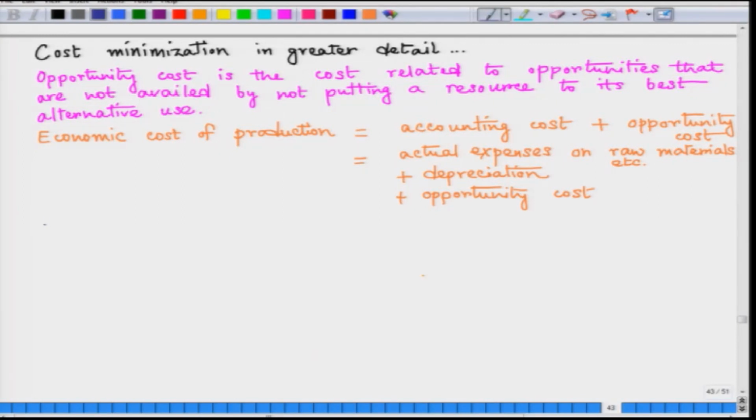So, we assume a 2 input production function given by q equal to function of x1 and x2 as we have assumed previously. Now, we are going to study case 1, which is the case of Shortrun.